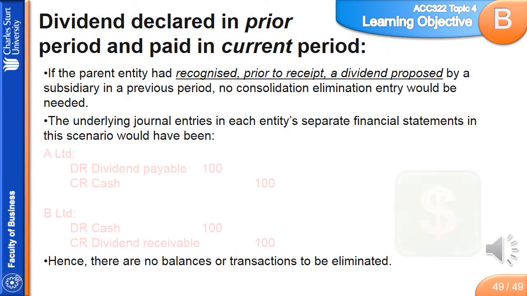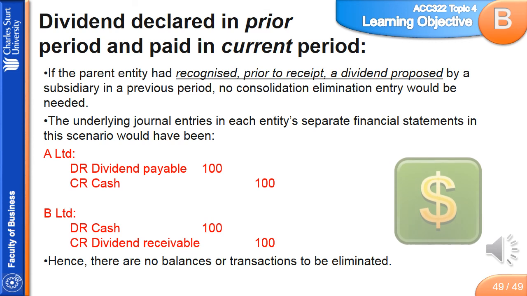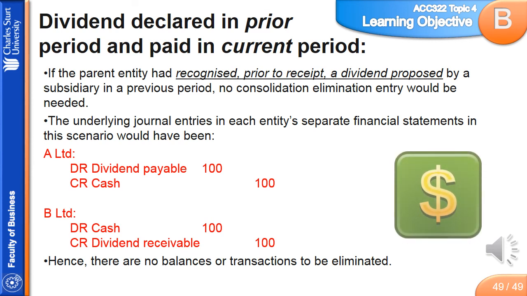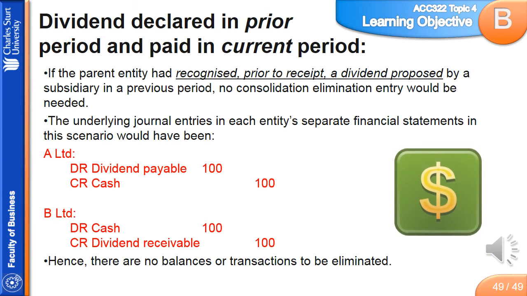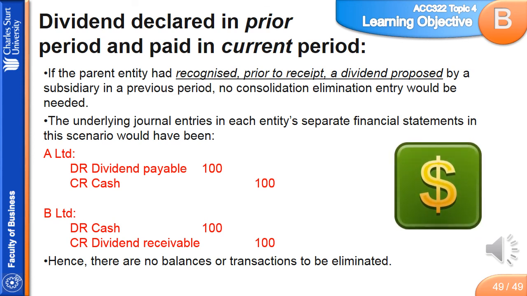So if the parent had recognised, prior to receipt, a dividend proposed by the subsidiary in a previous period, there'd actually be no consolidation entry required, and that's because of what's going on in the individual accounts. The parent would record a debit to dividend payable of 100 in the current year, and then a credit to cash in the current year, and then the subsidiary B Limited would have recorded a debit to cash and then a credit to dividend receivable.